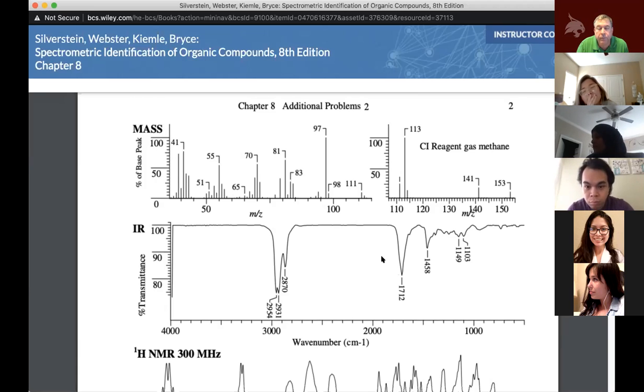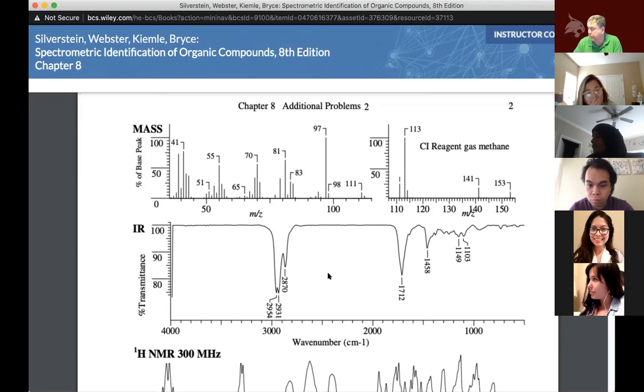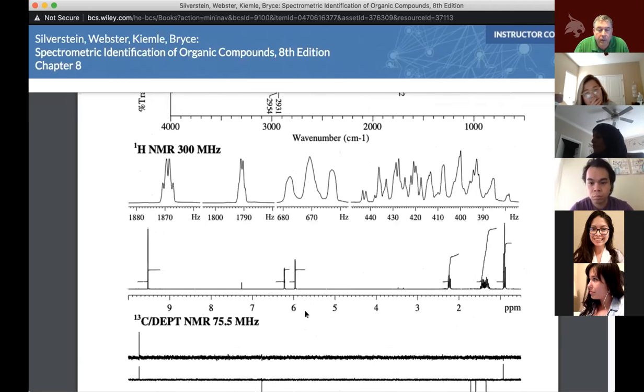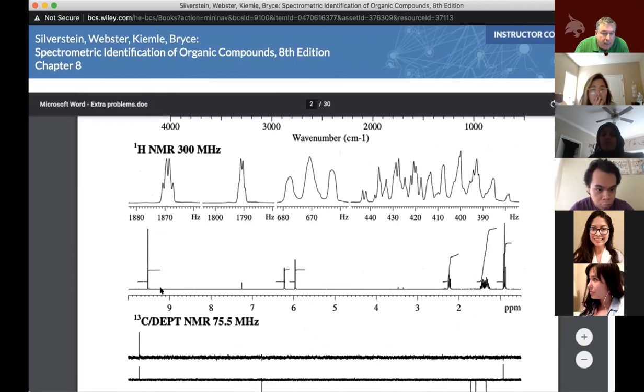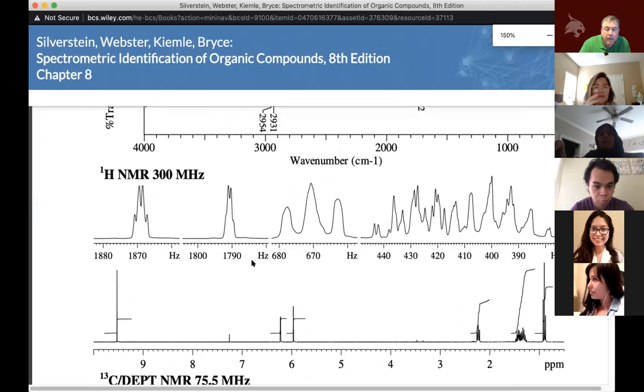Because we have a carbonyl, because of our molecular ion peak here, and because of this fragmentation pattern, let's start there, okay? Now let's go gain support with our NMR spectrum. Ooh, that's interesting. We have a peak up here above 9, okay? That's good, and if we blow that up, let's see, that looks like a 1 to 1 to 1 to 2 to more.